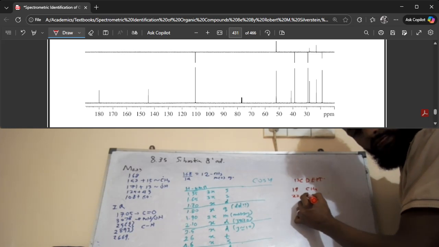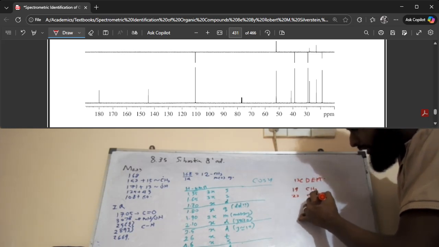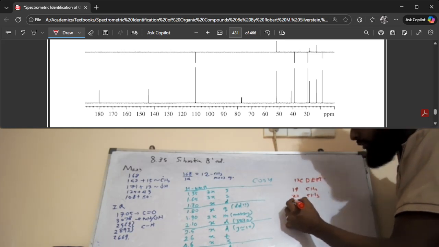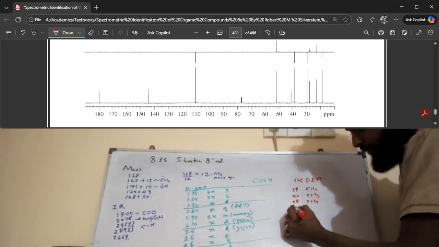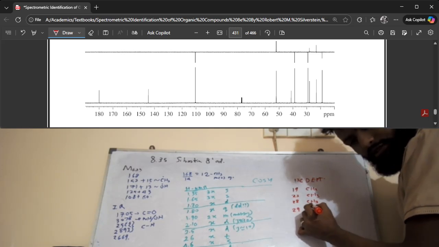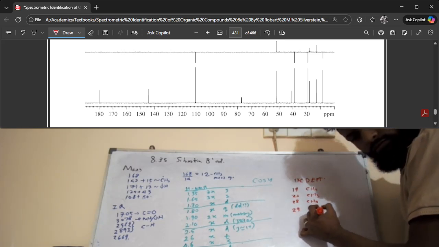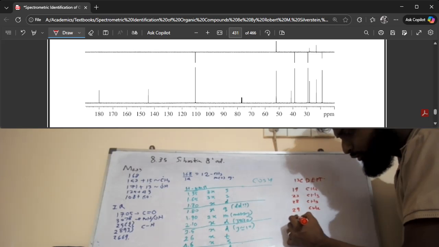23 is also a CH3. I'm just going to write these things down right away. 28 tells us it's a CH3. 29, the DEPT is telling us it's a CH2. The DEPT is very convenient, to be honest.